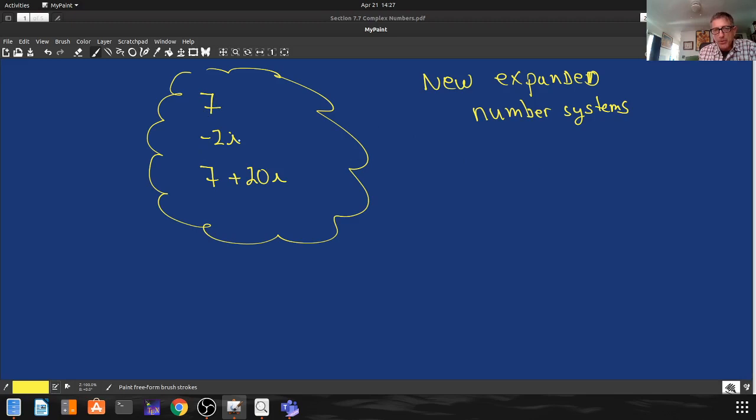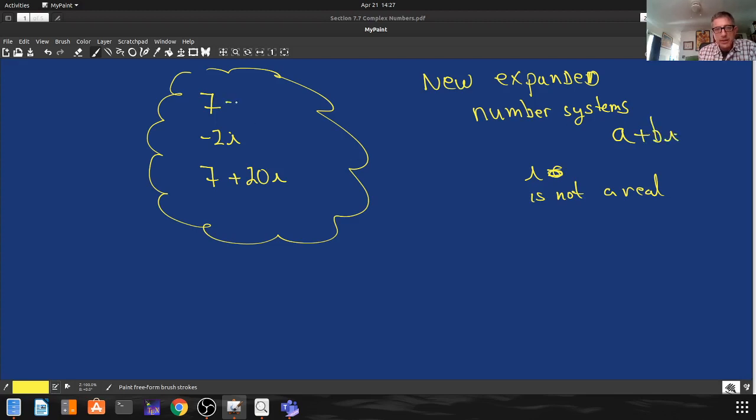This is a multiple of i, which is not real. Just a reminder, i is not a real number. So minus 2 times i is not a real number. But our expanded number system are numbers of the form a plus bi.